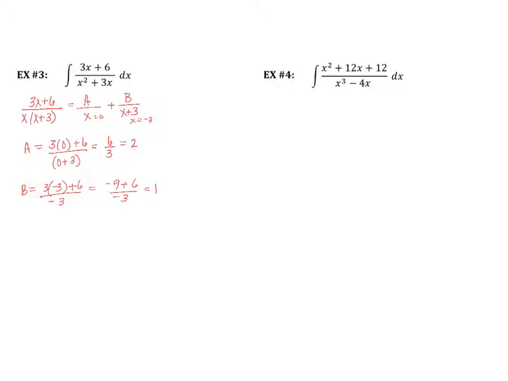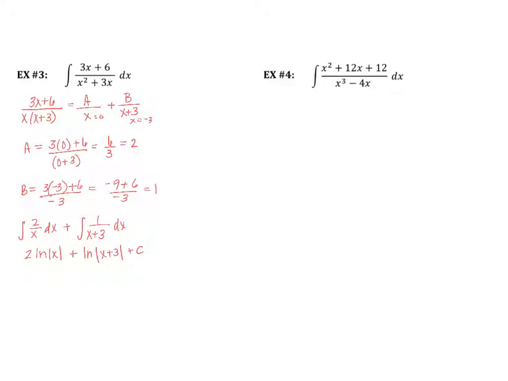So I'm going to integrate 2 over x dx plus the integral of 1 over x plus 3 dx. And then that's going to give me 2 natural log absolute value of x plus natural log absolute value of x plus 3, and then plus c.